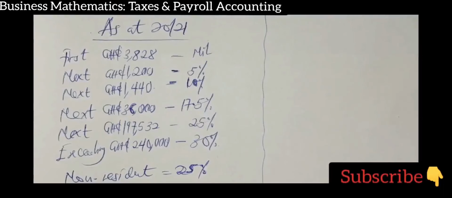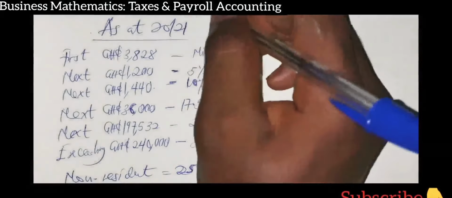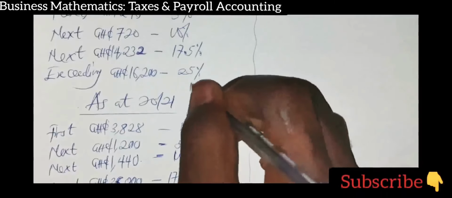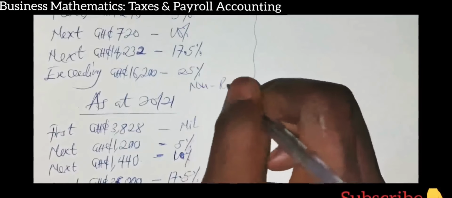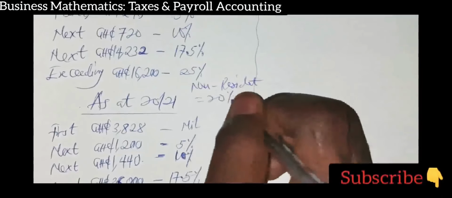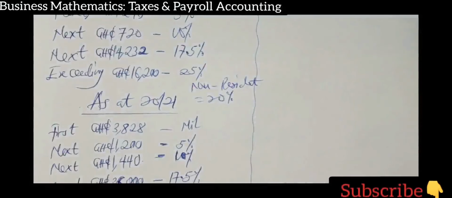So take note of that. And previously in 2010, it was 20% for non-residents, but now it's 25% for non-residents.